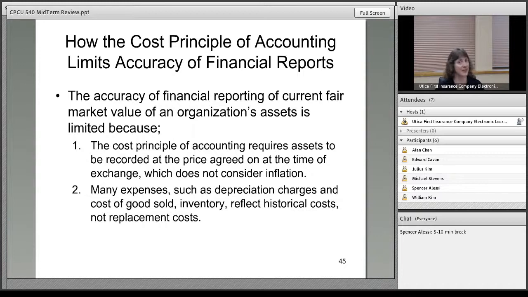That does not factor in inflation. Those are two areas where financial statements are not 100% accurate.